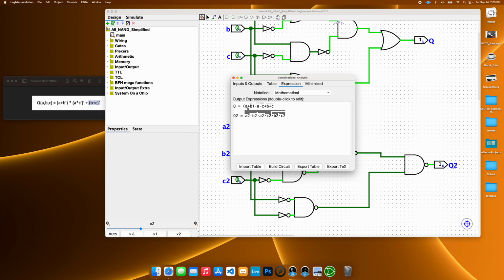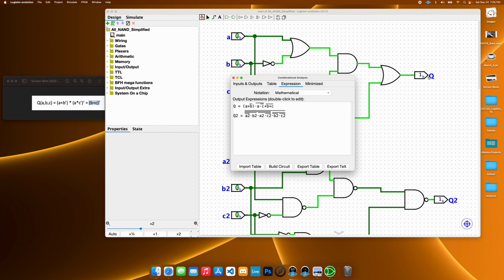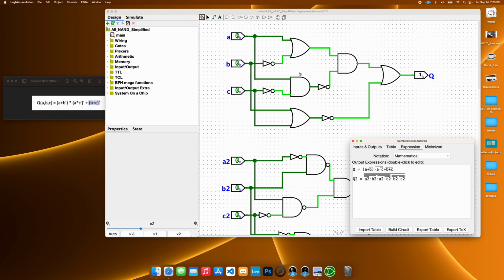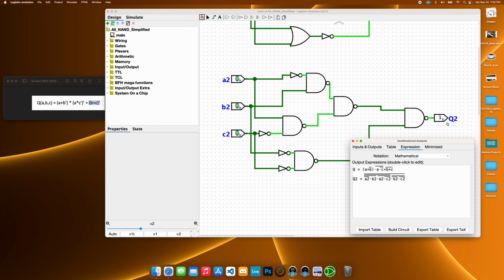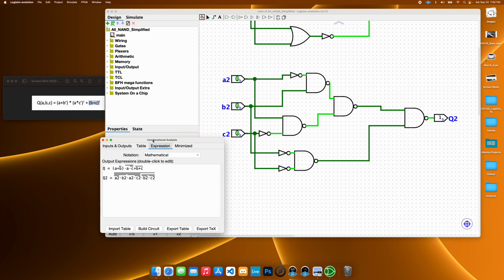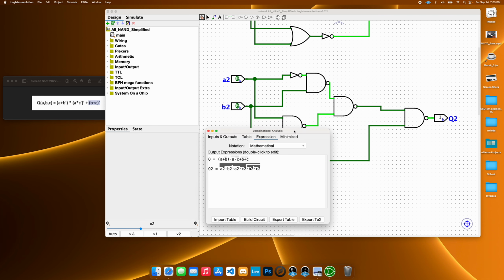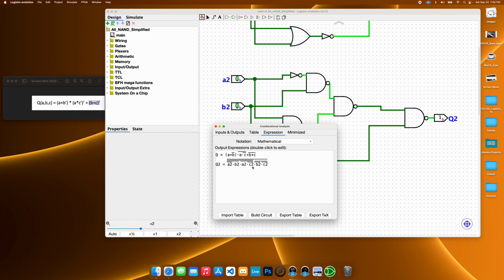As you can see, we have output Q, which is representative of our very first circuit with just all ANDs and ORs. And then here Q2, which would be the same circuit, but with all the NAND equivalents. They don't look similar right now, but they will be.